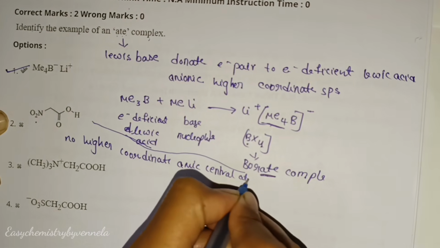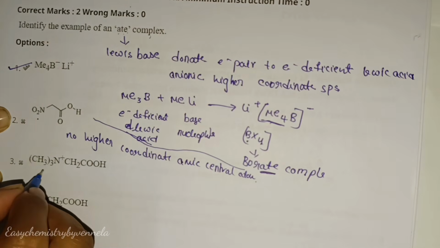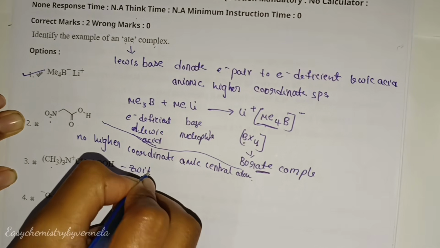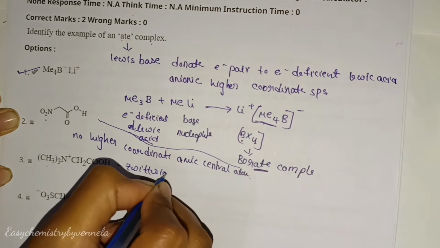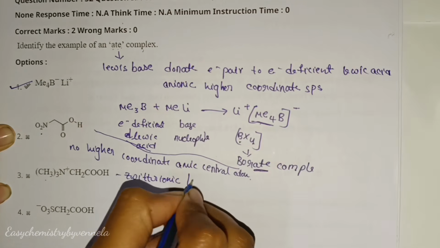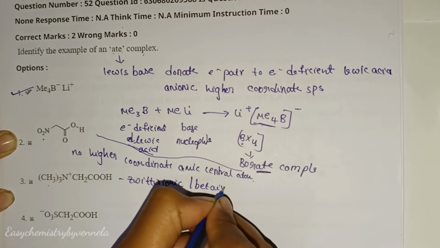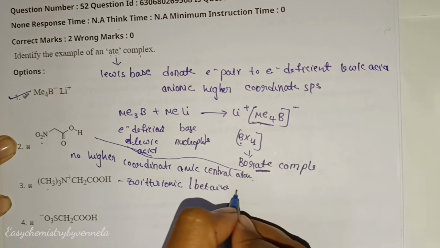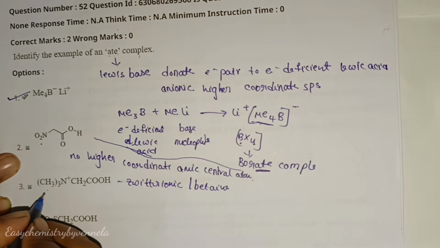So that is why second option incorrect. Next, third option. Here they given the zwitterionic or betaine. This type of structure not an ATE complex. So this is also incorrect.